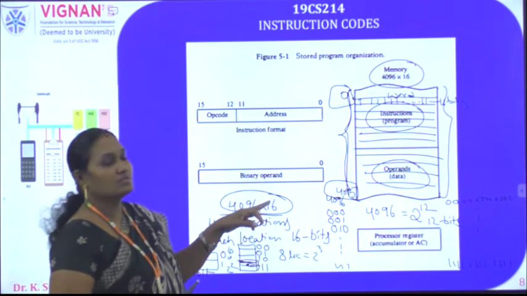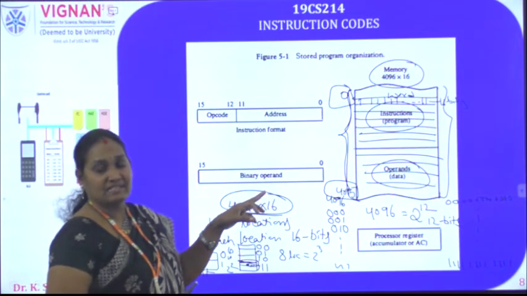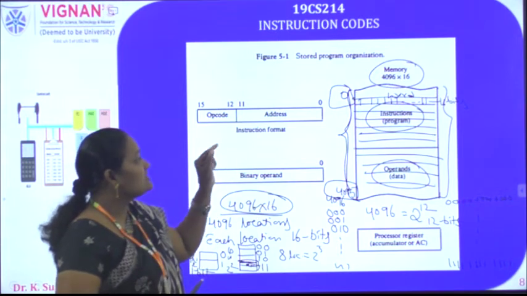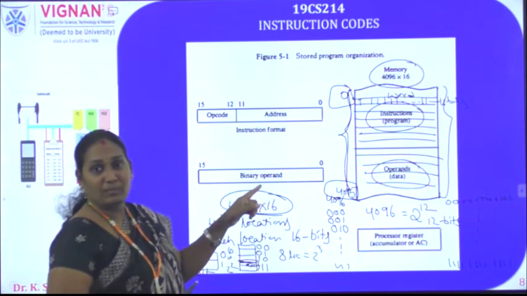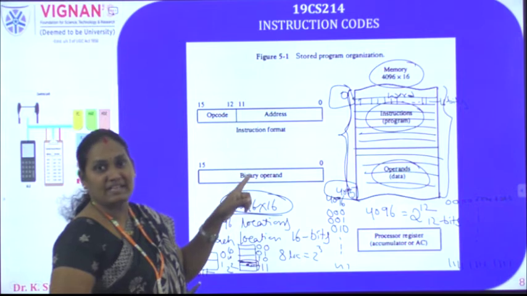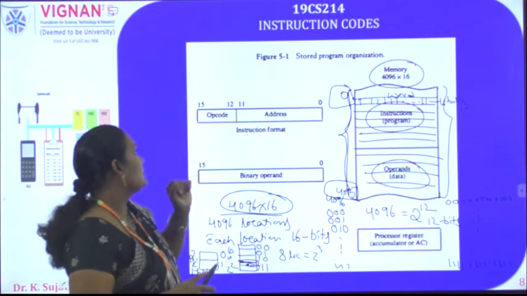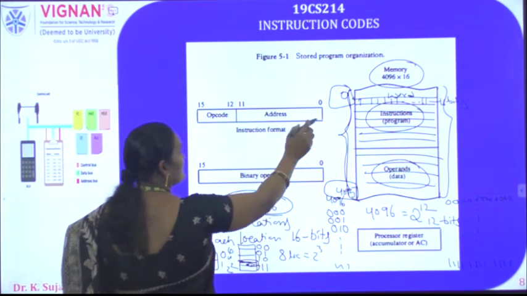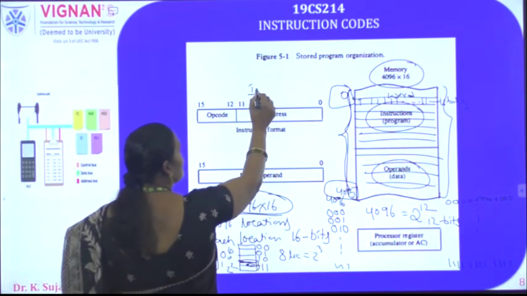Since it contains 4096 locations, that is 2 power 12 locations, the address of each location needs 12 bits. Now, let us see the instruction code.